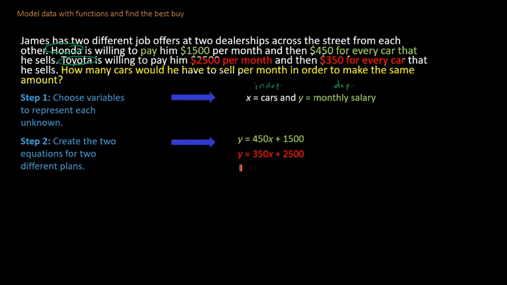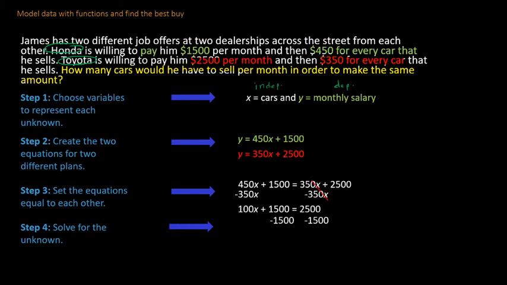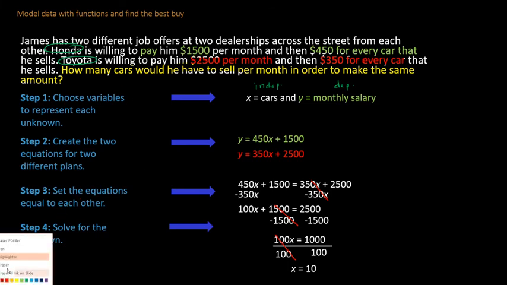We want to know at what point will our Y's, our total payments, be equal, so we set our two equations equal to each other. 450x plus 1,500 equals 350x plus 2,500. From here, solve for x. And we find that x is equal to 10. So if he sells 10 cars, he'll get paid the same amount whether he sells for Honda or Toyota.